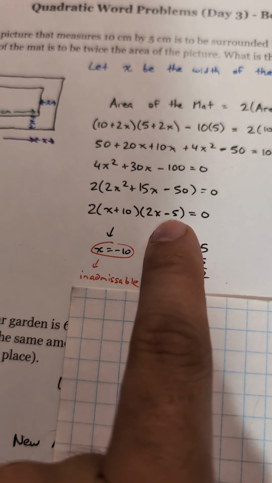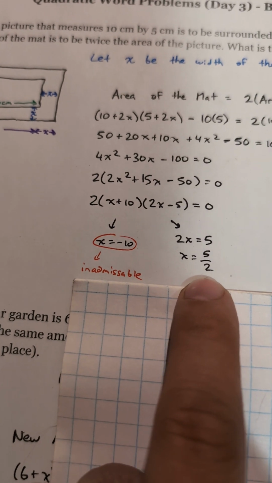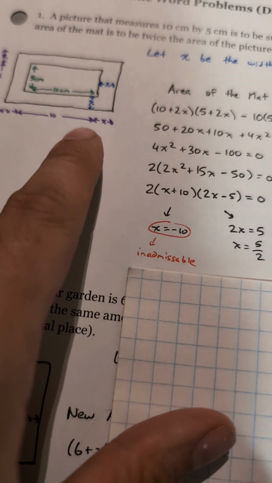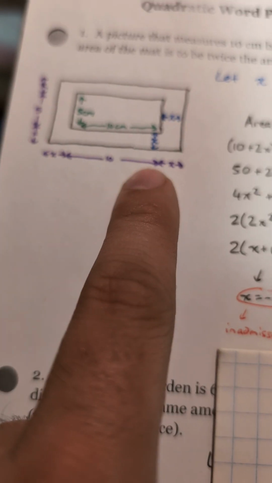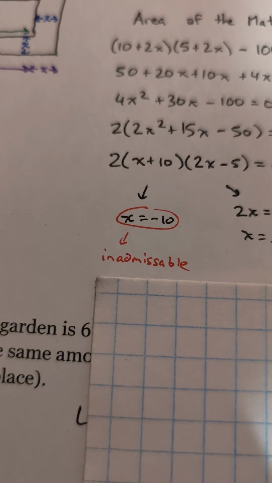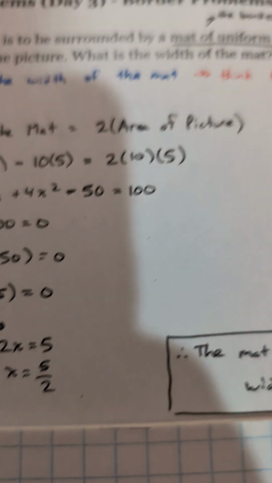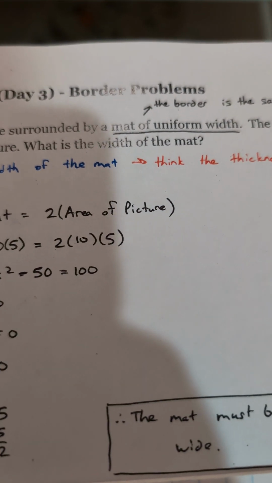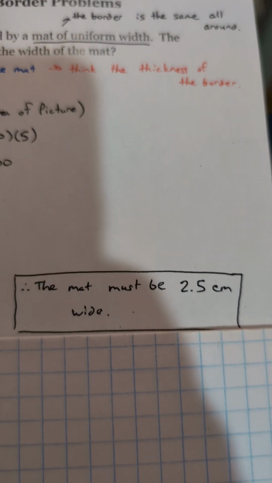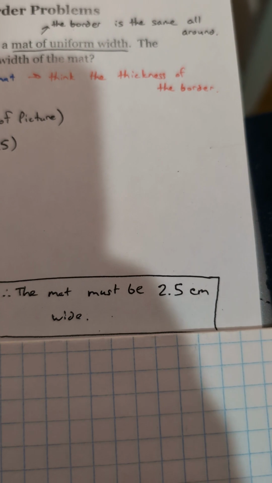Or 2x minus 5 equals 0 when 2x equals 5, or when x is equal to 5 over 2. Having a negative width doesn't really make any sense. So negative 10 is inadmissible, which means 5 over 2 is the only answer that makes sense for our question of what is the width of the mat. The width of the mat must be 2.5 centimeters.